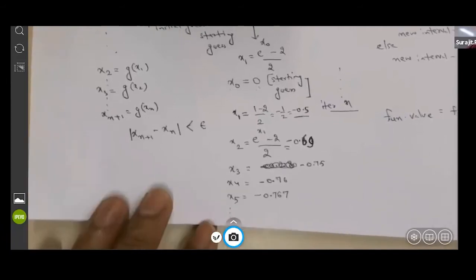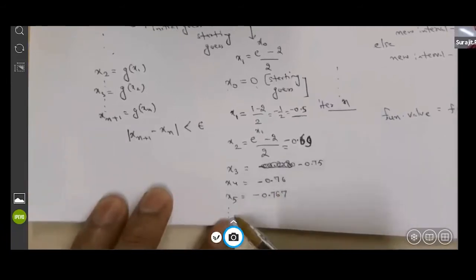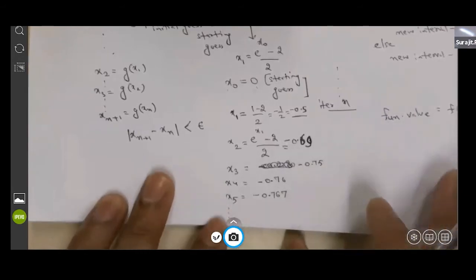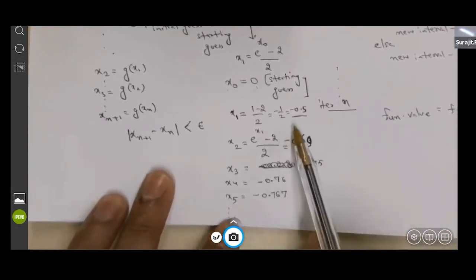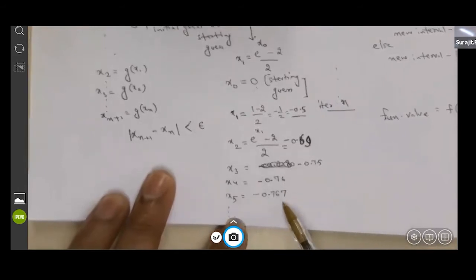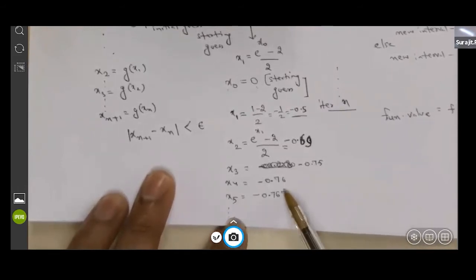So as you are seeing, as you keep on doing this, I'm not saying whether the values are correct or not, I'm trusting you guys on the calculations, but you will see that the successive values of x are getting closer and closer to each other.